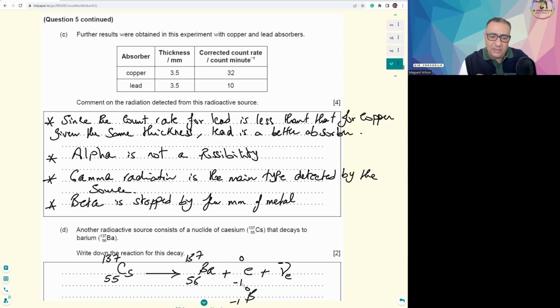If it's beta minus, it's going to be an anti-neutrino, and neutrinos are subatomic particles with 0 charge and very, very small non-zero mass. Sometimes in textbooks they approximate this and put 0 and 0 up and down, but technically the neutrino has non-zero mass with 0 charge.